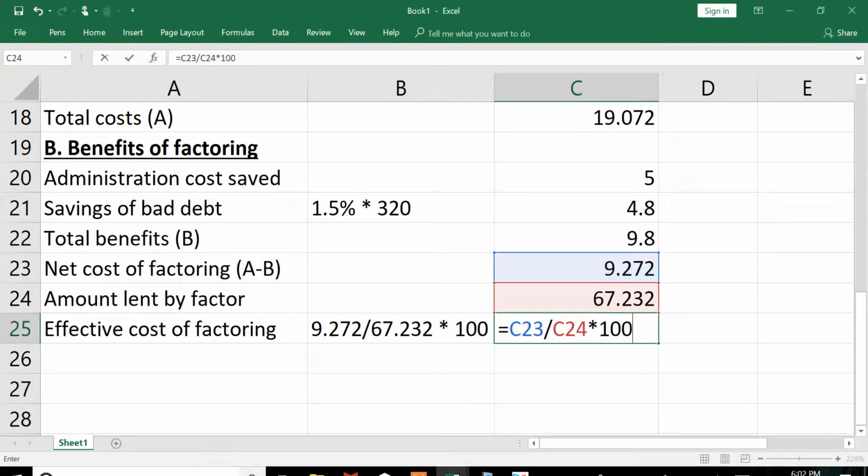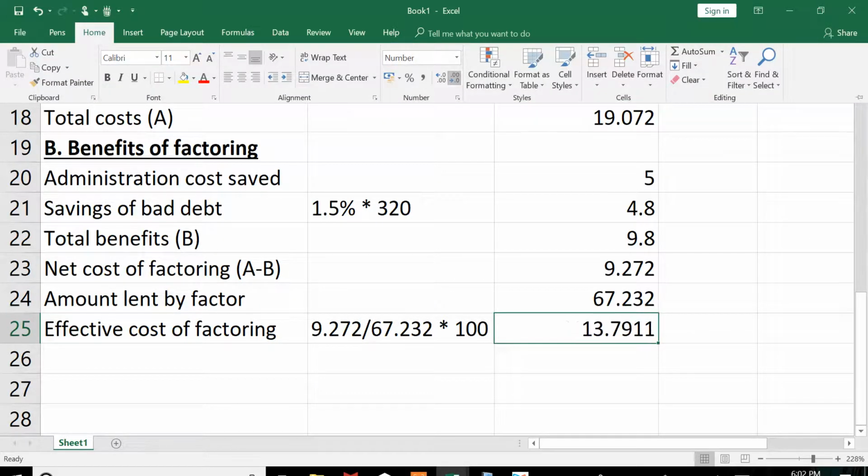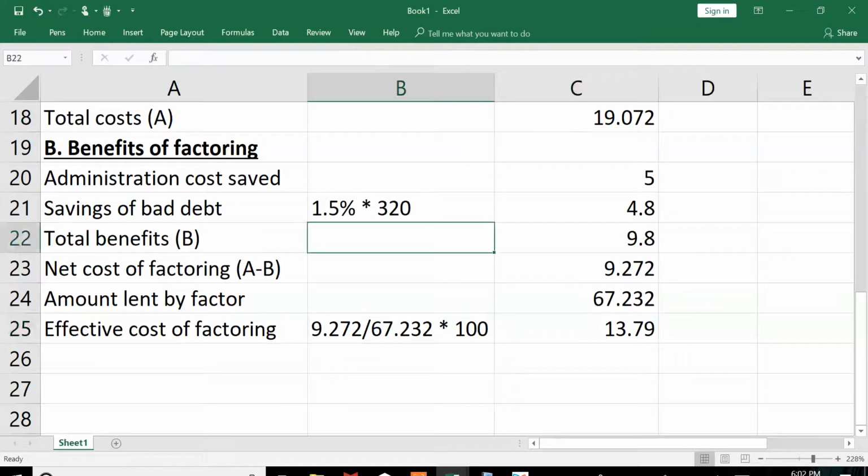This is my annual cost for 1 year. What is the amount we are spending? 13.79%. This is my effective cost of a factoring arrangement.